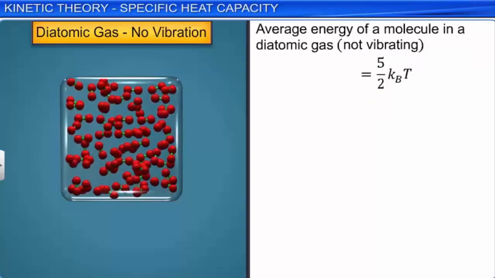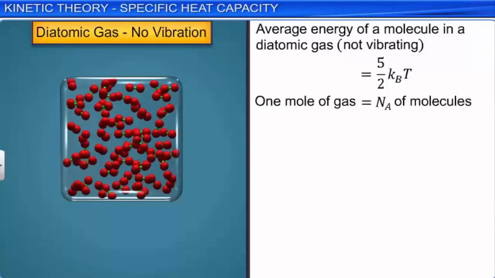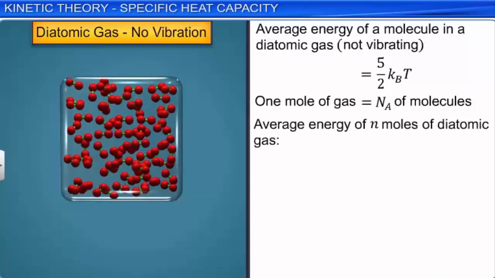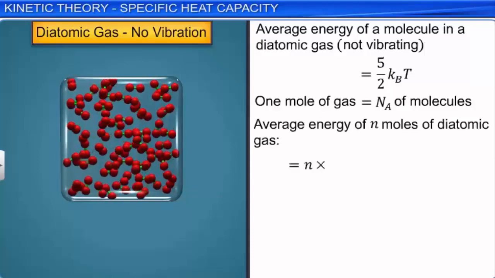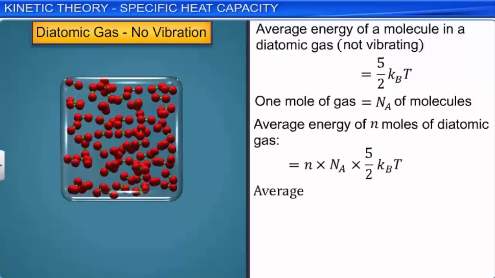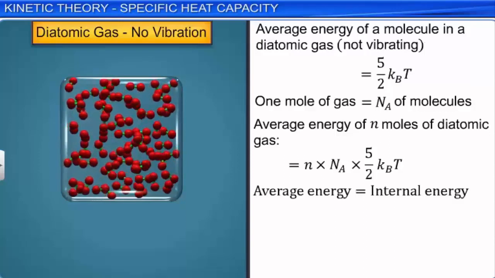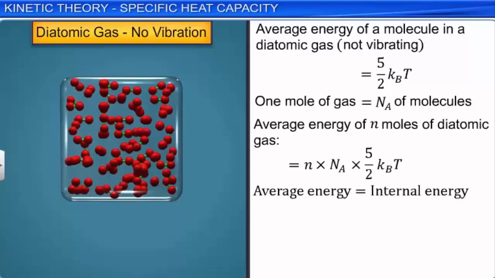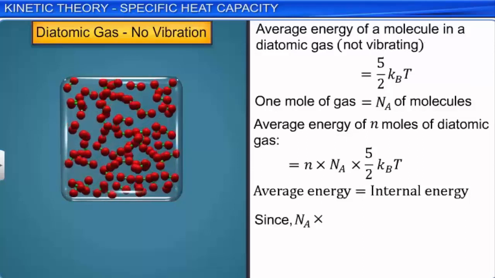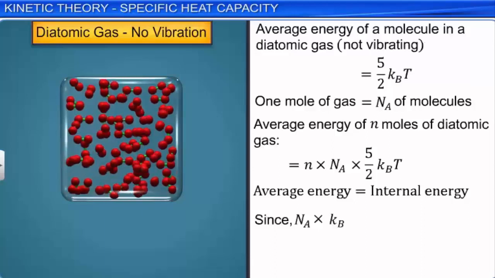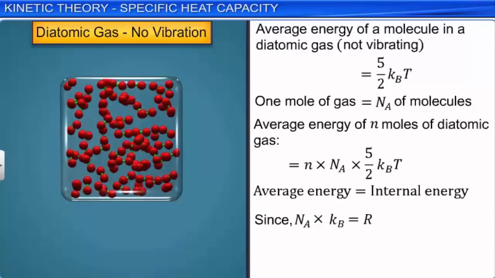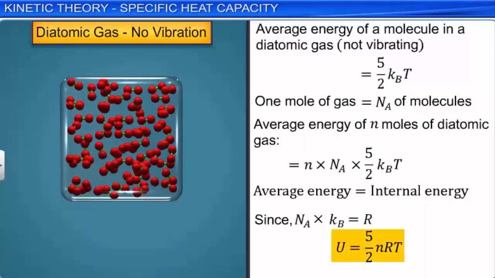Since 1 mole of gas contains Avogadro's number of molecules, the average energy of n moles of a diatomic gas is equal to n into Na into 5 by 2 kBT. This energy is equal to the internal energy of the gas. Since the product of Avogadro's number Na and Boltzmann's constant kB is equal to the universal gas constant R, we get U is equal to 5 by 2 nRT.